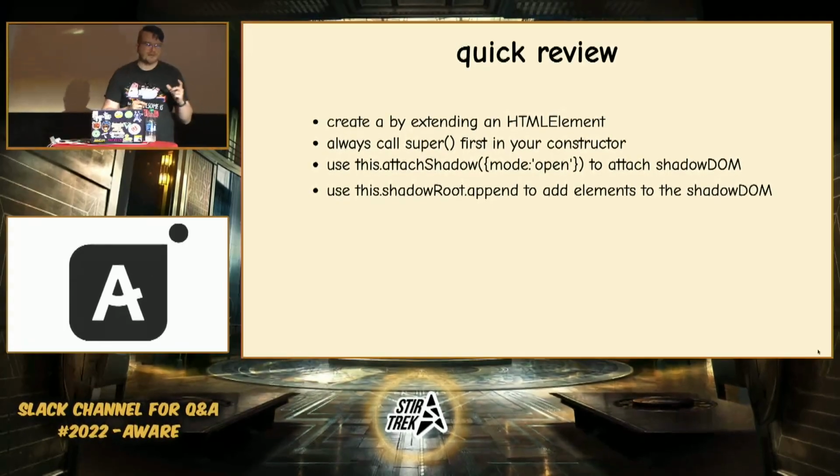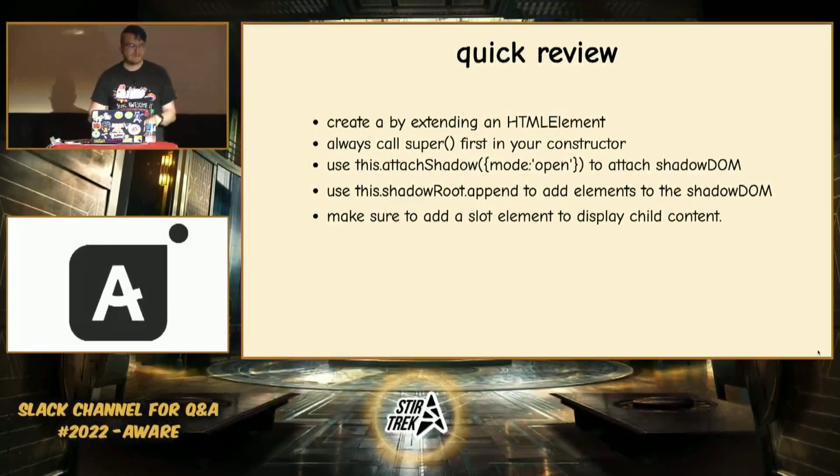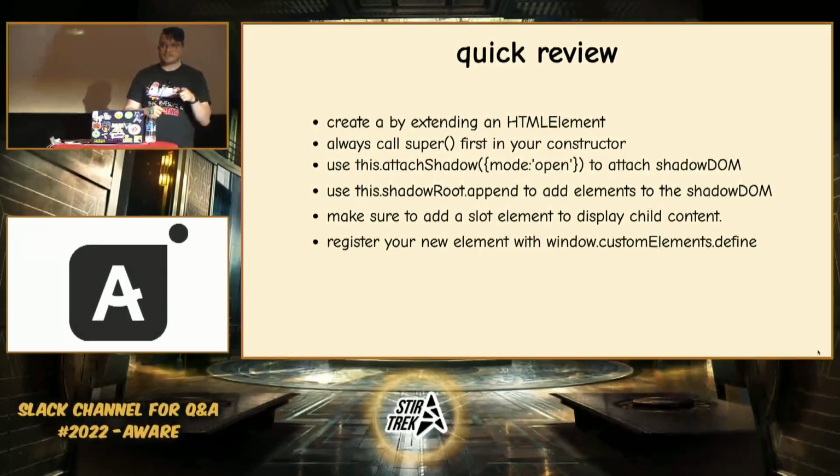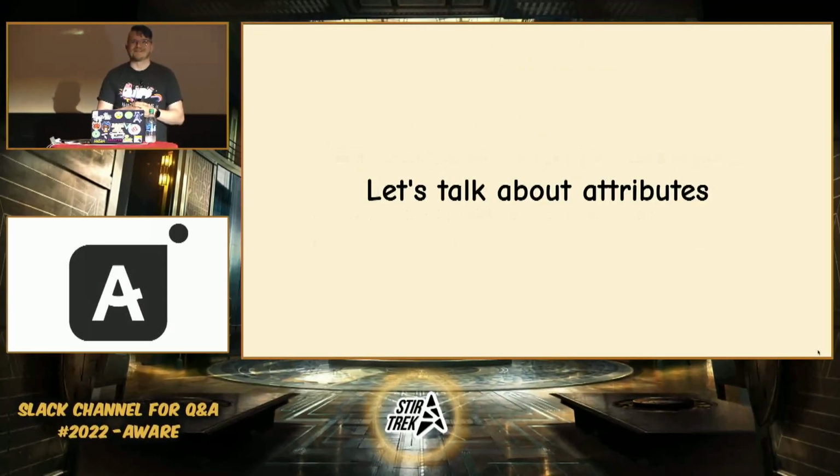This.shadowRoot.append will allow you to add things to the shadow DOM. Make sure to add a slot element to display any content that gets put between your two tags. Register your new element with window.customElements.define.